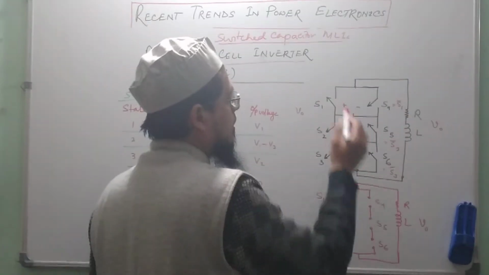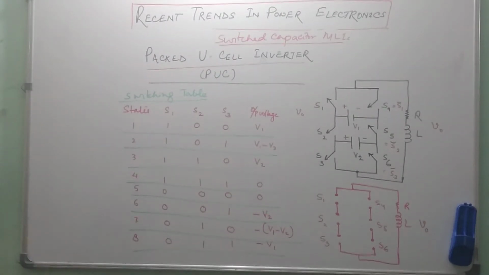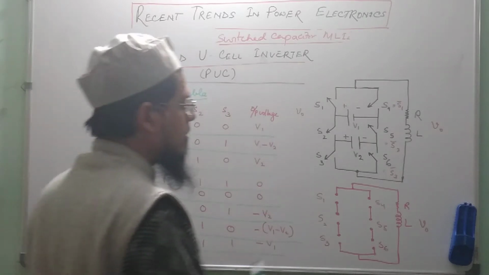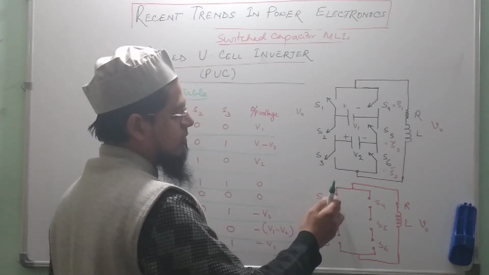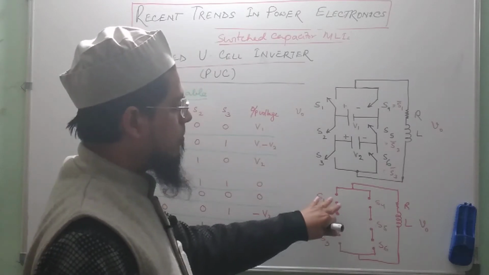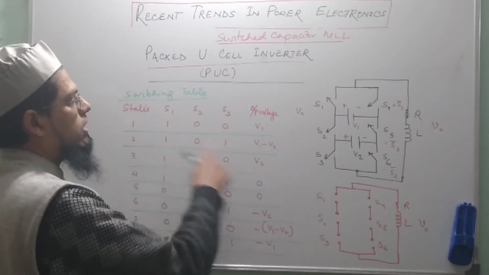So S1 is on. I have drawn this same circuit here, and I have just left the state of S1, S2, S3, S4, S5, S6 as open, and I will try to fill it up corresponding to each state.